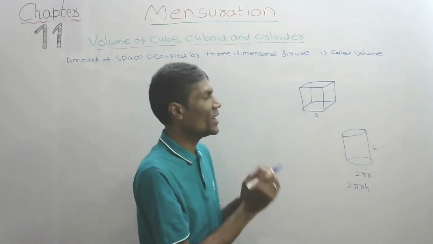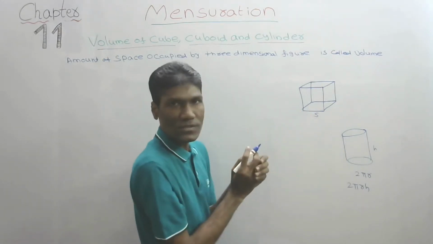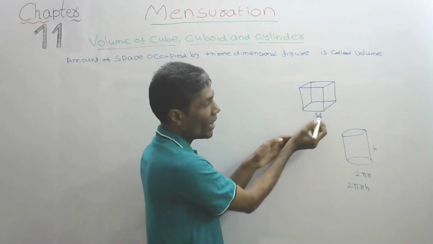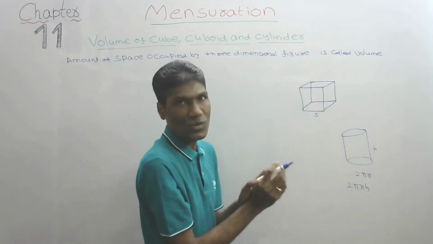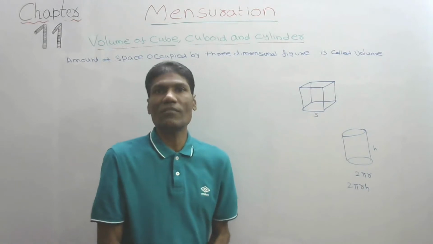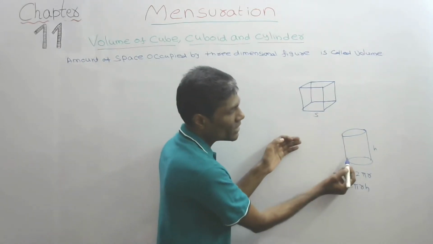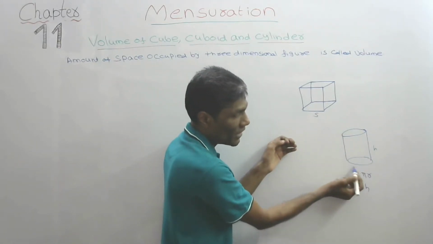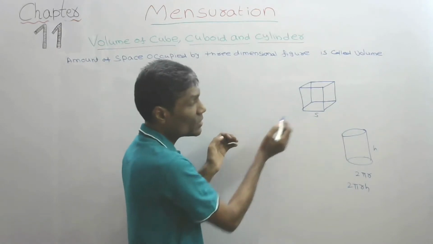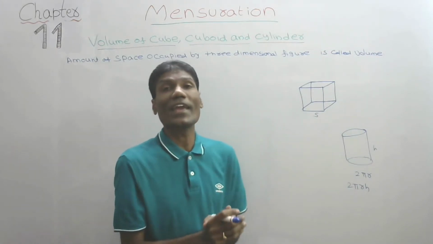In the same way, take the base and multiply with the height so as to get the required value. Now, in case of lateral surface area, we have taken the perimeter. But in case of volume, we will take the area.